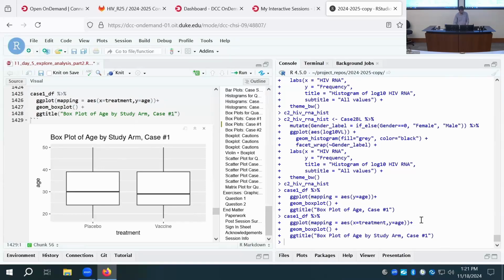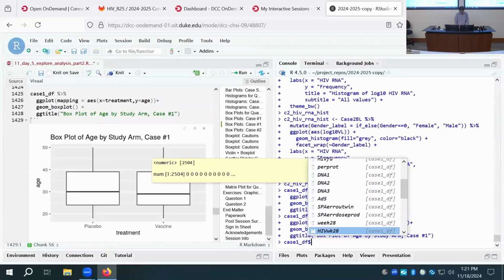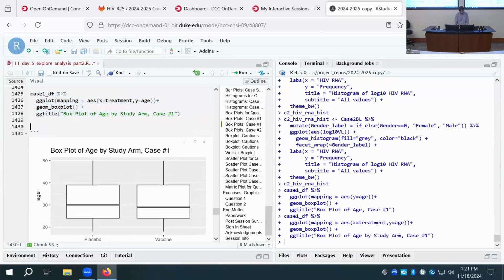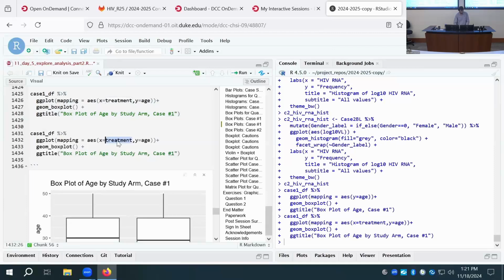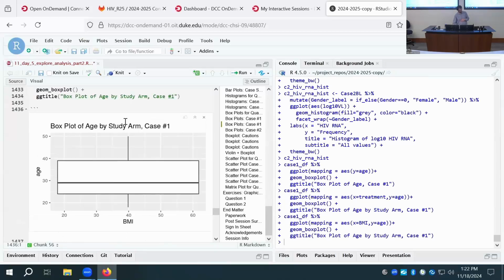Now you want to be careful about this. You always want to make sure you pass in a categorical variable. So let's say I put in BMI here. Oh, that's interesting. I wasn't expecting that. I was expecting it to break it out, but it doesn't behave the way I thought.